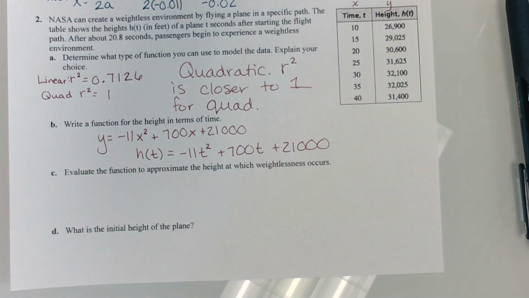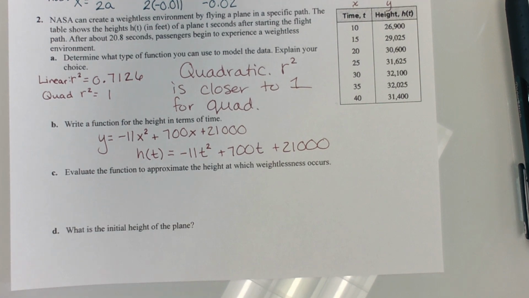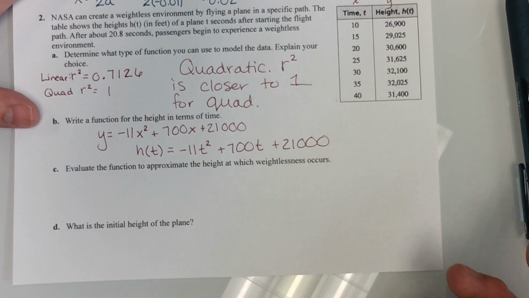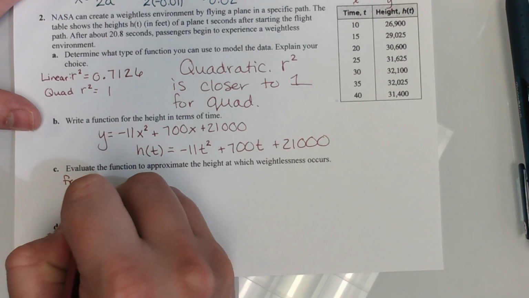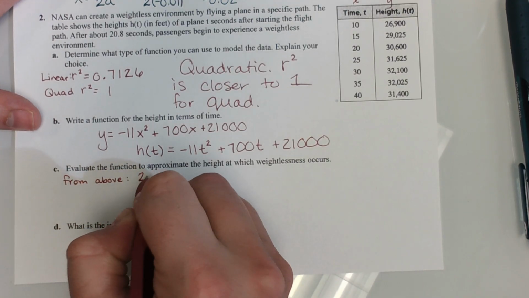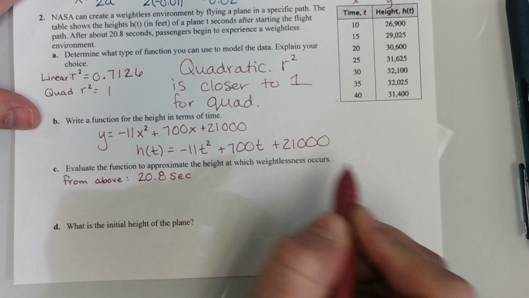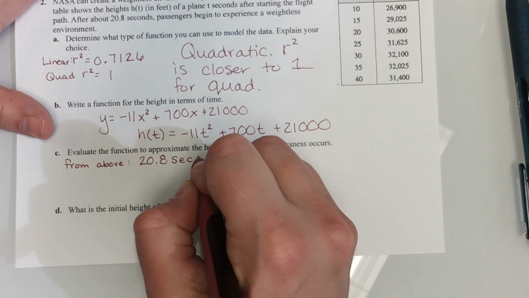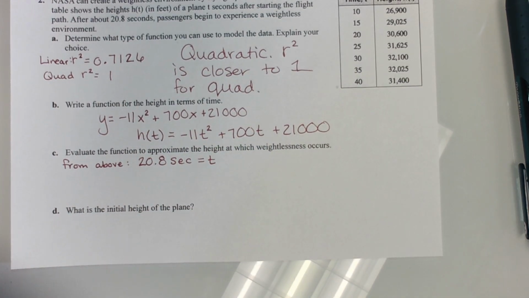Evaluate the function to approximate the height at which weightlessness would occur. What did it tell us about weightlessness above? It happens at 20.8 seconds. What variable would that be? T. Guess what? If I want to find the height, and I have the time, and I have a formula, what am I going to do with it?